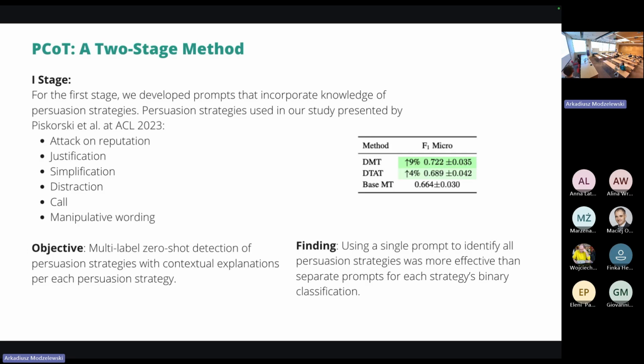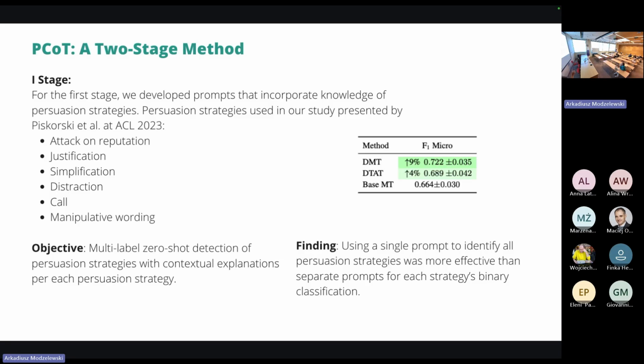Bayes is just a basic, simple method, where in this Bayes multi-label task we do not provide any knowledge about persuasion. We just provide categories of persuasion strategies. So this was just to see how we improve compared to the baseline method.